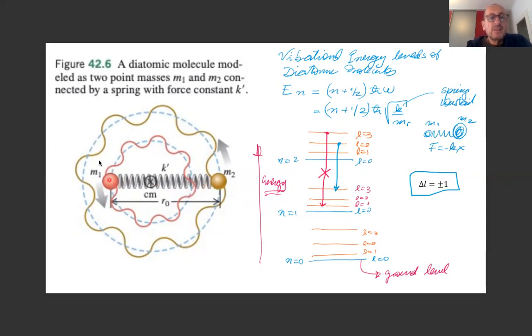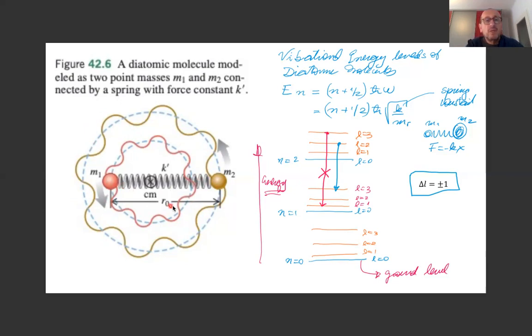What it really is is some sort of attractive potential that has a minimum, and you can always expand a potential around a minimum and write it as 1/2 k x squared, something like that, and k then will be the equivalent of the potential that a spring could have.